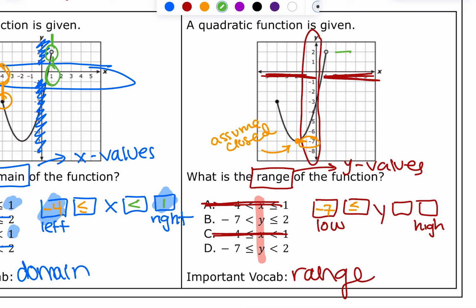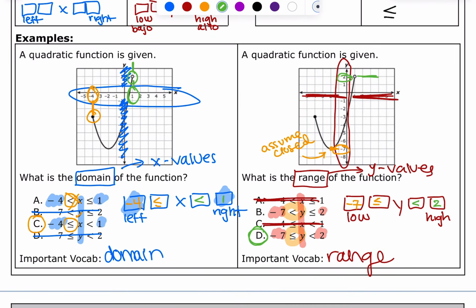Now, if I look at my highest number, that is 2, and that is open. So if I'm looking at my answers, I want to check that -7, 2, good. Now I need to look at my symbols. Open, closed. That means D would be my correct answer because the symbol matches.